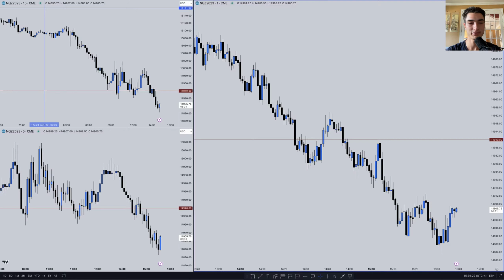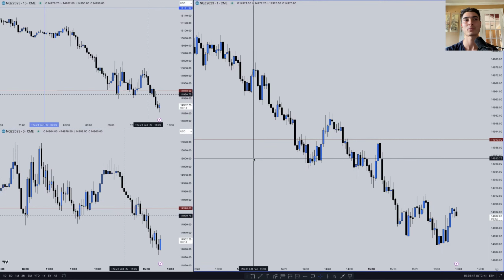KK, hey buddy, if price is overall bearish but comes to a higher time frame bullish PD array, like a weekly or daily level, to take the retracement trade, would you wait for the higher time frame shift? Okay, gotcha. So to take the trade into the retracement, yeah, I would have to have the market show me a willingness to rally, especially in a market like this because it's so weak. If I was to look for a retracement, it would have to show me clearly a willingness to want to rally higher.